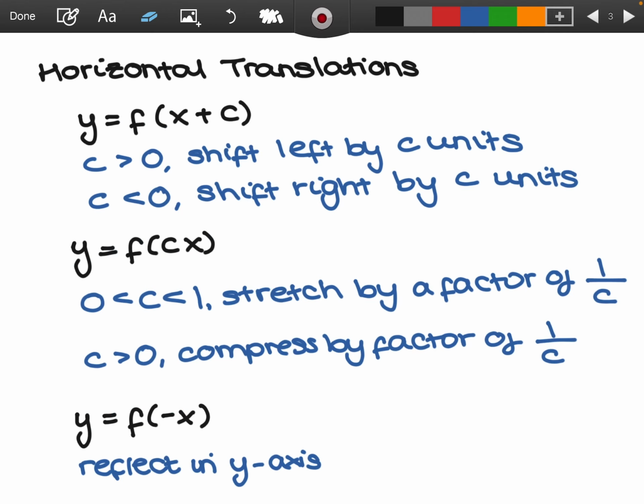If I had, let's say, negative x plus 2, with my parent function being, I've made the x a negative x, and then I've added something onto the end of it. So by adding 2, I would be moving it up by 2 units. But where I had an x, I've now made it a negative x.